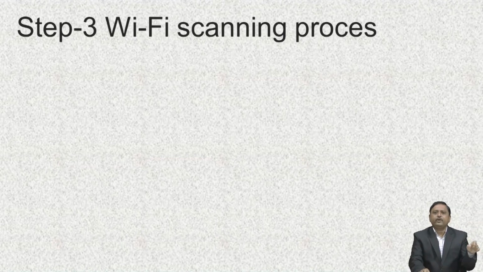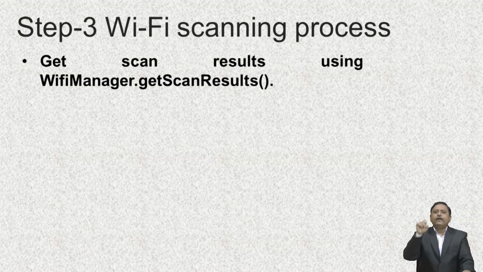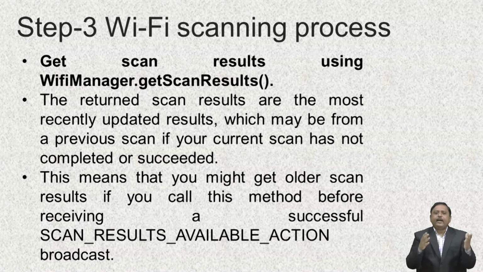So you have to capture the result returned by this scan process, and once you get the scan results using WifiManager.getScanResults, you can decide from the most recently updated results, which may be from a previous scan. If your current scan has not completed or succeeded, remember, it means that you might get older scan results if you call this method before receiving a successful SCAN_RESULTS_AVAILABLE_ACTION.